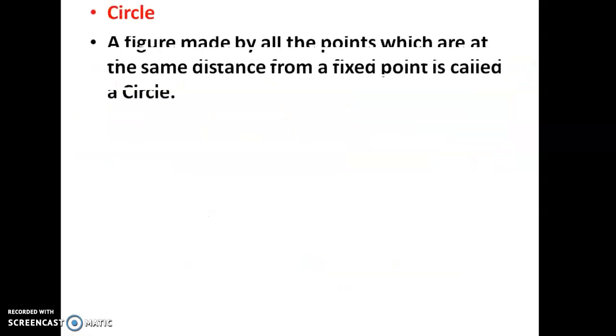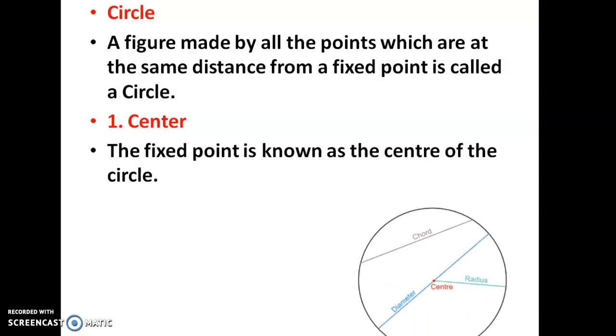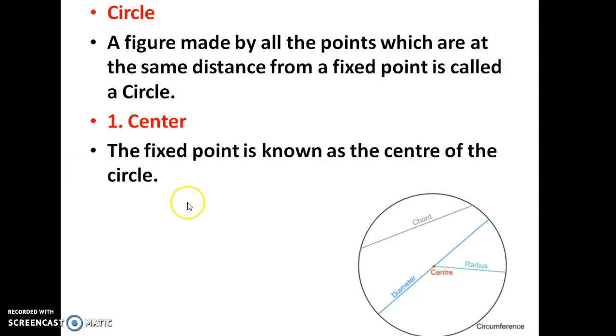What is a circle? A figure made by all the points which are at the same distance from a fixed point is called a circle. That fixed point is known as the center of the circle. In this diagram you can see the points of the circle.